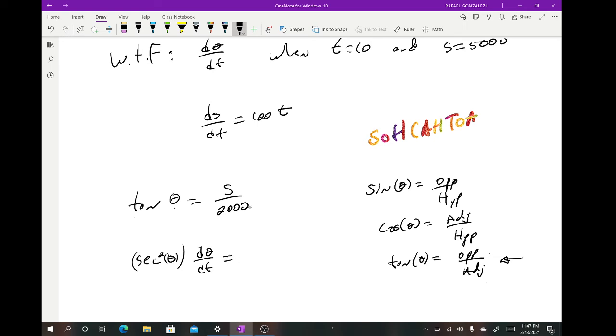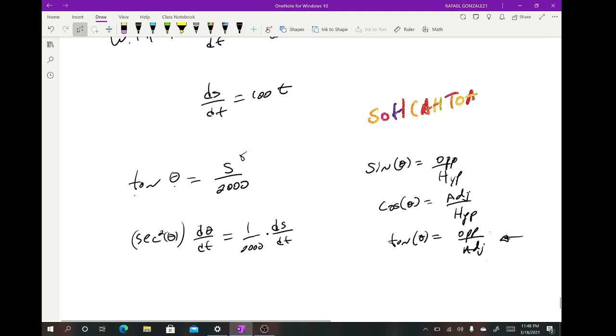And on the right side, don't worry too much about the 1 over 2,000 because that's just a constant. So by the constant multiple rule, we only need to worry about the derivative of s. But the derivative of s with respect to t is just 1 times ds dt. So we are just left with ds dt.